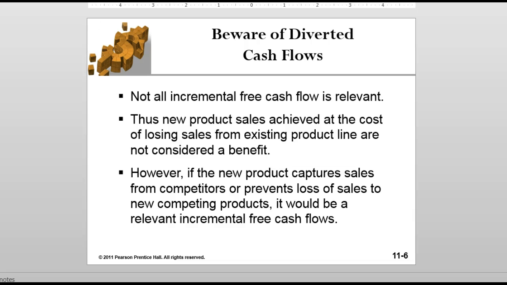So if you have a new product that achieves cost at the losing sales of an existing product line, even though it's a cash flow, it does detract from the overall cash flow of the company.